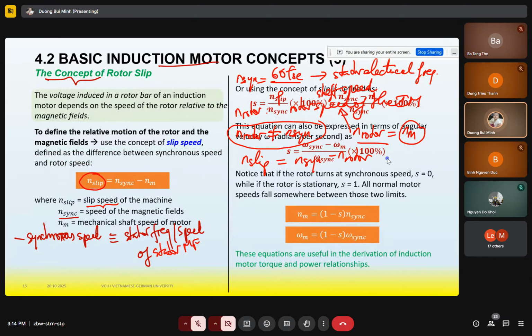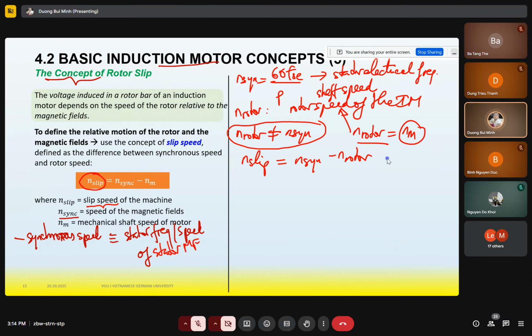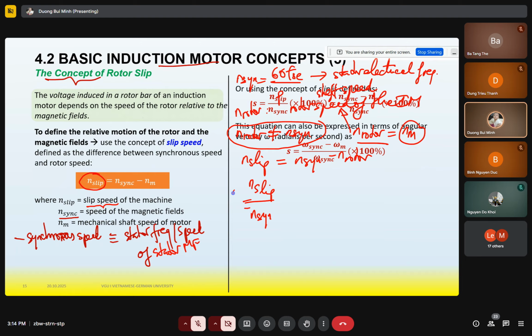If we take the ratio of n_slip over n_sync, we get slip S. Times 100%, the unit is percent.